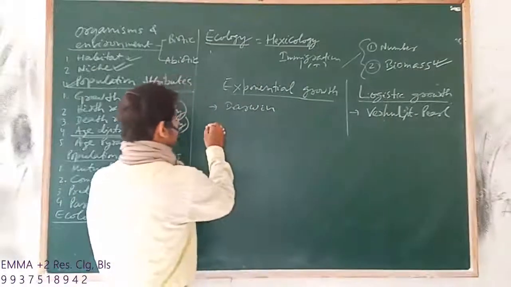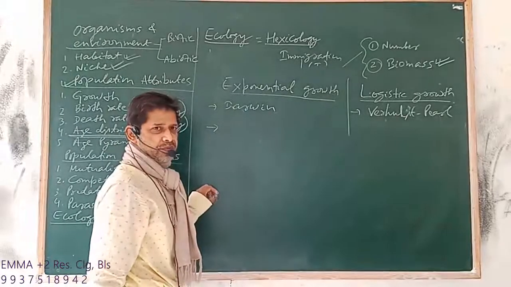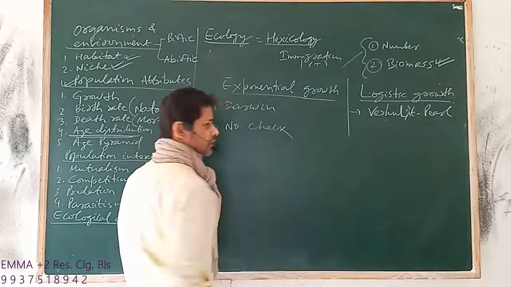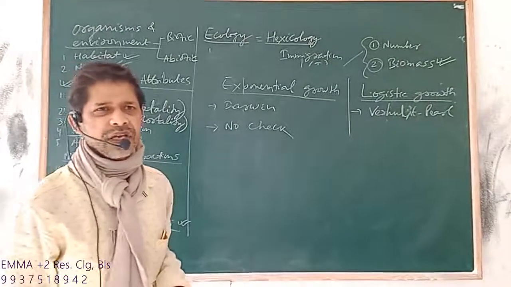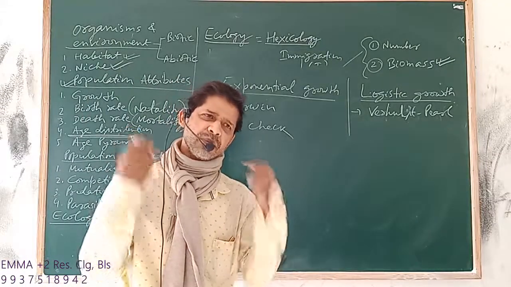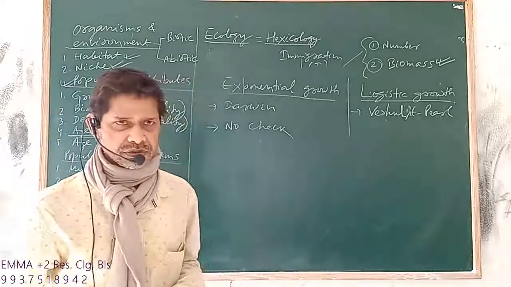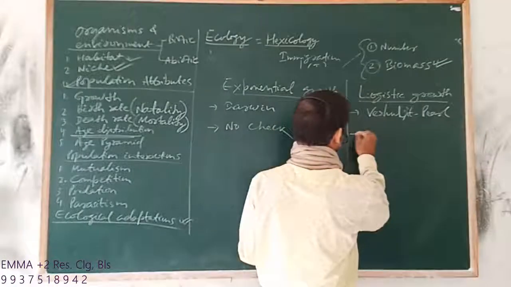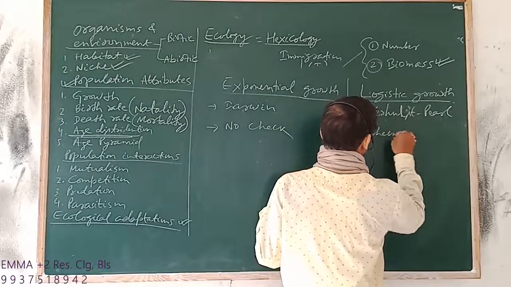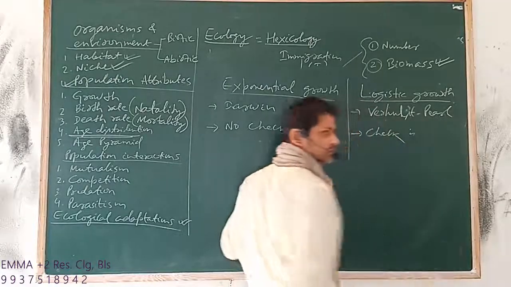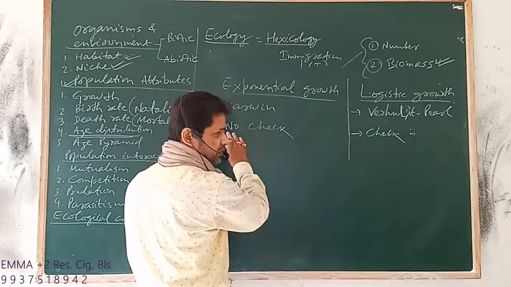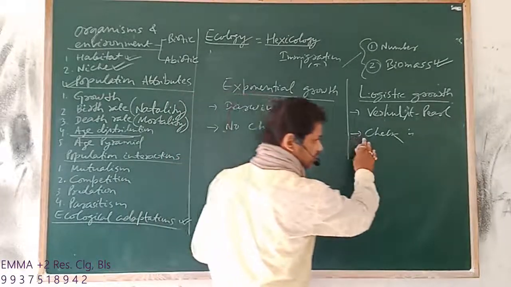Then in exponential growth model there is no check. No check means environmental natural resource very abundant, unlimited natural resource. Here natural resources limited. That is why check is there. So you can write instead of no check means unlimited natural resource, limited natural resource.